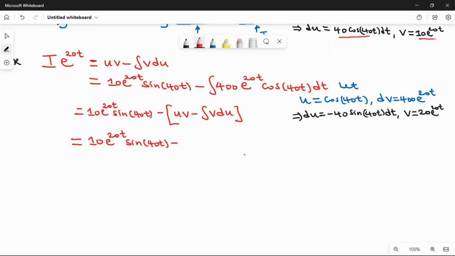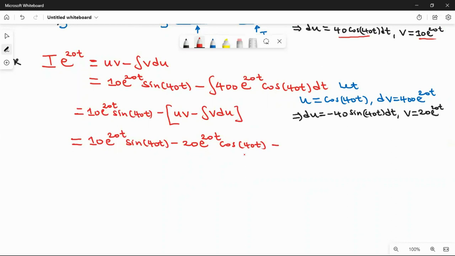Now minus u times v, if I open the bracket, it becomes a minus. U times v, that will be 20 exponential 20t cos 40t. Now here we will have plus v du. So it's a plus. Now v times du again, that's a minus. So here we'll have another minus.